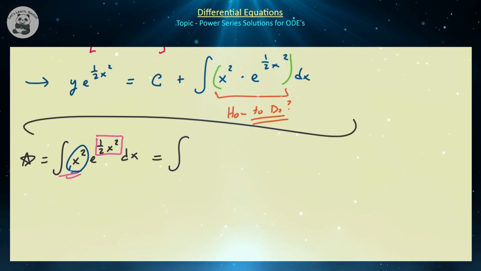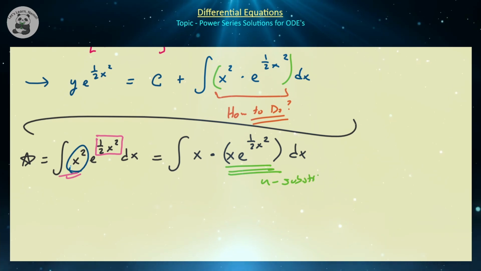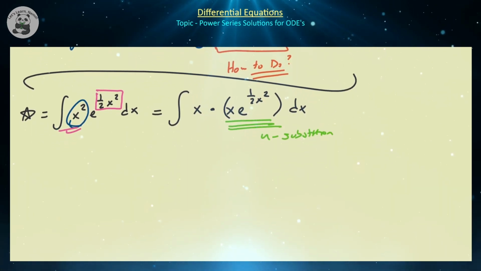So I'm going to write this as the integral of x times x e to the 1/2 x squared dx, and you'll see where this goes in just a moment. Actually, I'm going to use integration by parts, which I think is a lot nicer for this.